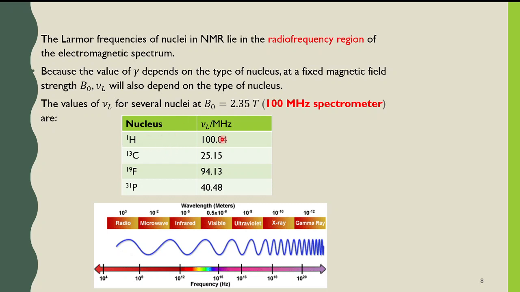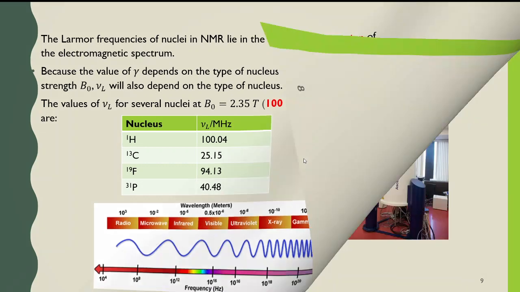You have the proton at 100, carbon-13 at 25, fluorine at 94, and phosphorus at 40. So you see that this Larmor frequency will depend on the type of nucleus.